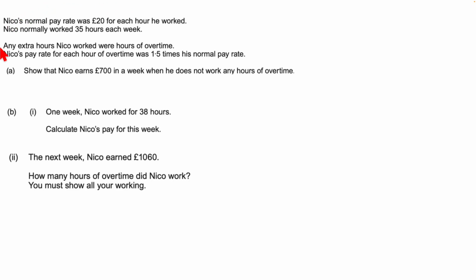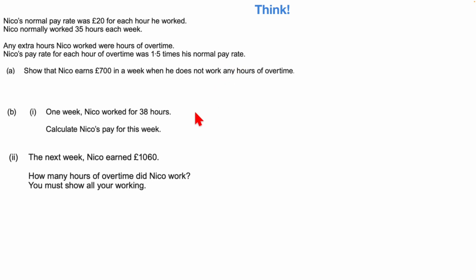It's all about Nico and his overtime. First thing I do is have a think about this. Nico's pay rate is £20 for each hour he works, and he normally works 35 hours. Any extra hours are overtime. Nico's pay rate for overtime is 1.5 times his normal pay rate.